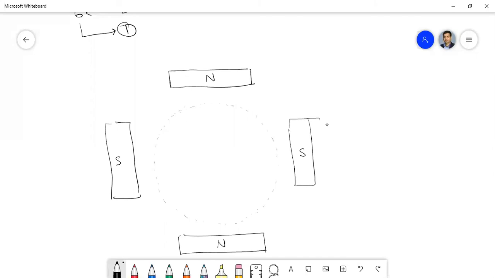Now, how many slots are there? There are 12 slots. So I can draw a slot here. 3-4 slots I will draw today. You have to complete this.